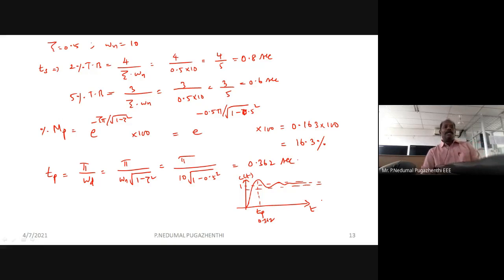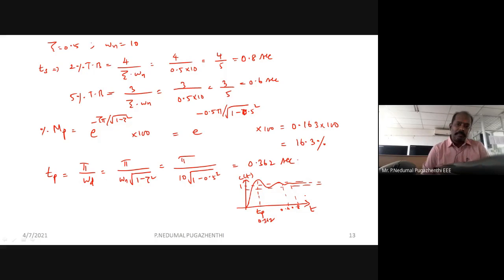At 0.362 it reaches the maximum value, and the maximum percentage difference is 16.3 percent, and the settling time may be at this point, maybe 0.6 or 0.8, depending upon whatever tolerance limit is chosen. If you choose a 2% tolerance band, then you have 0.8 seconds, and if it is a 5% tolerance limit, you get 0.6 seconds.